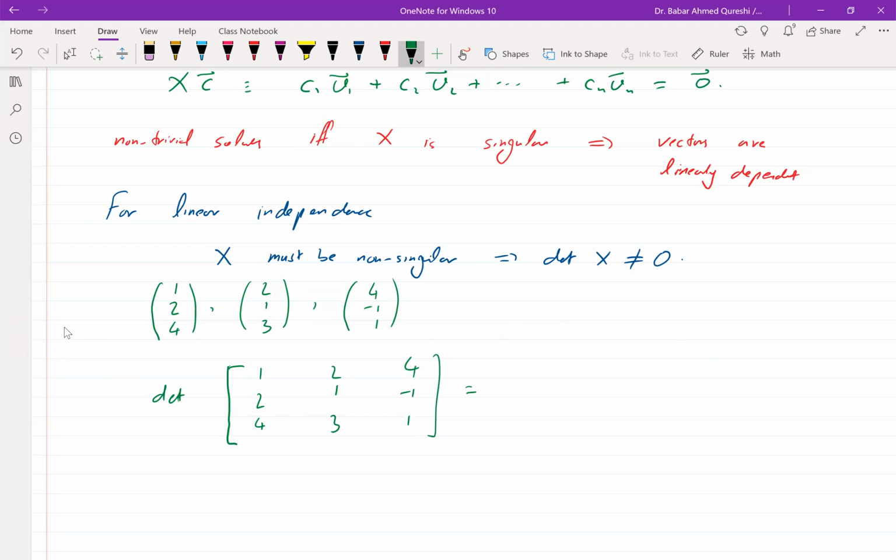And if this is not equal to 0, then they will be linearly independent.